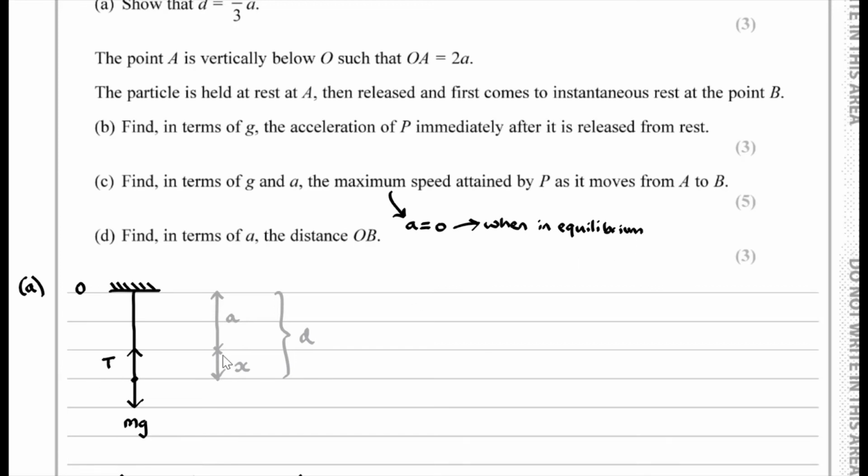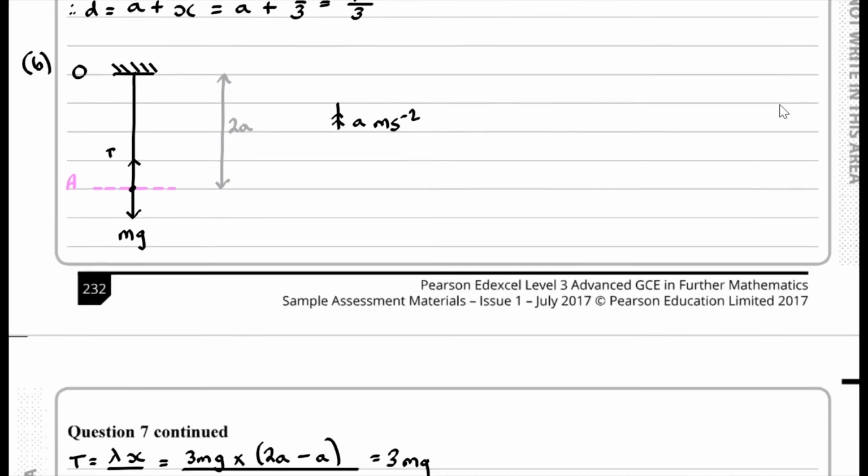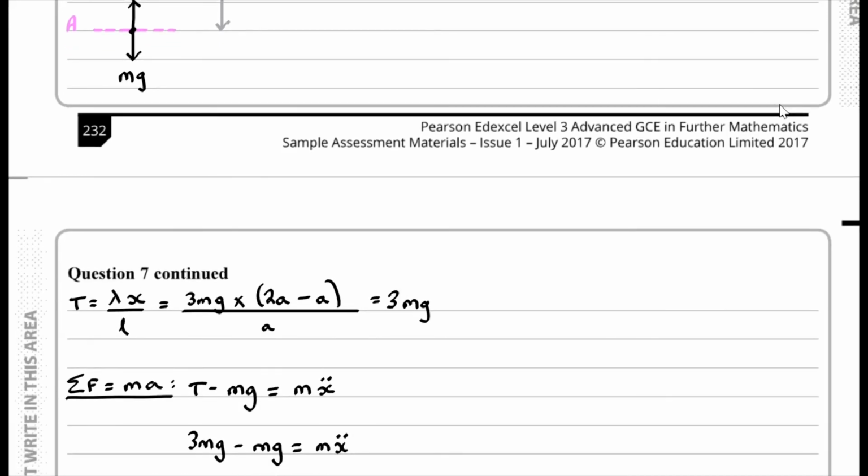Now we know that the particle is held at rest at the point A and then it's released to the point B, and going from A to B, the maximum would occur at some point Q. I think drawing out this situation would help.